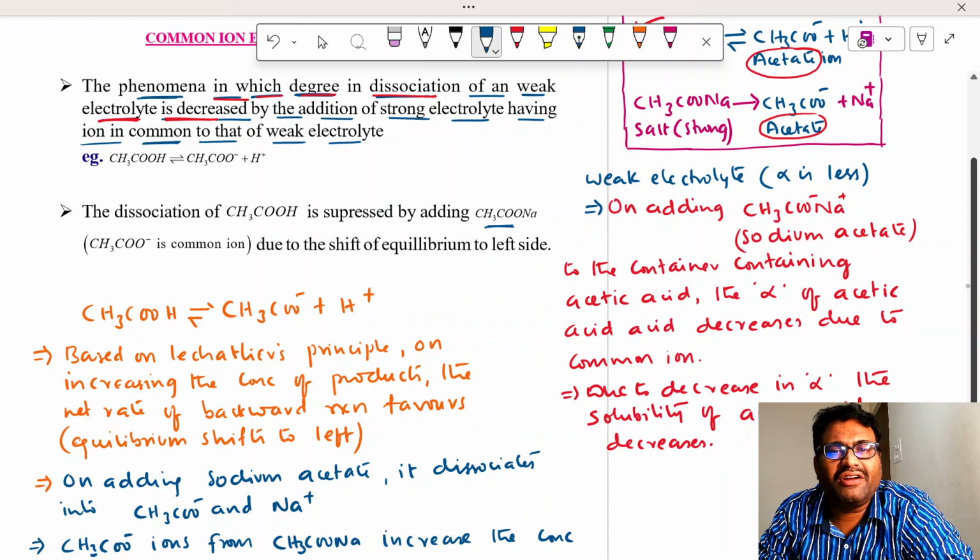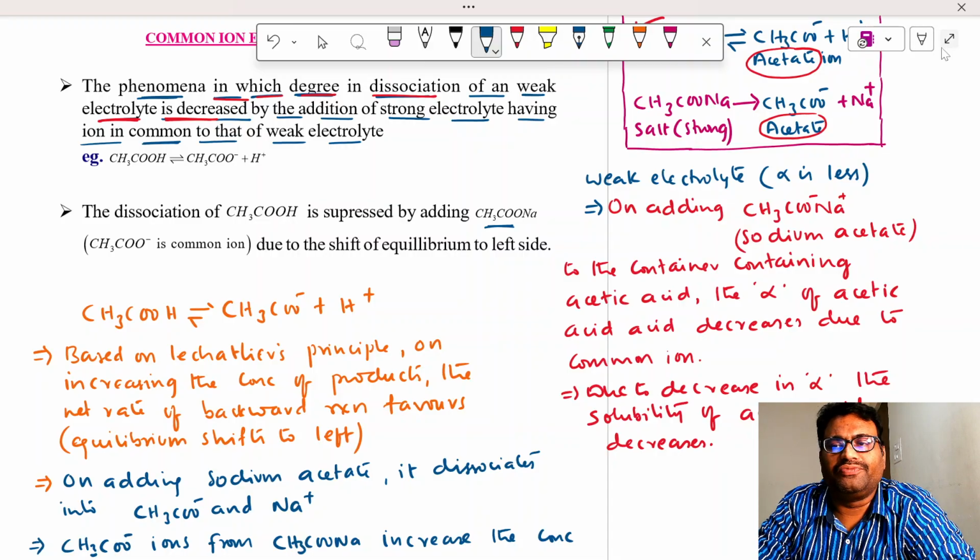What you need to remember: the weak electrolyte's solubility decreases on adding a salt containing a common ion. Simple thing. Okay, let's move.